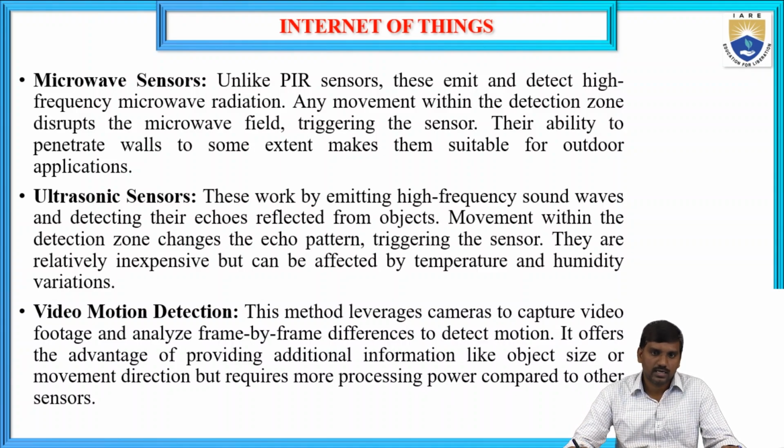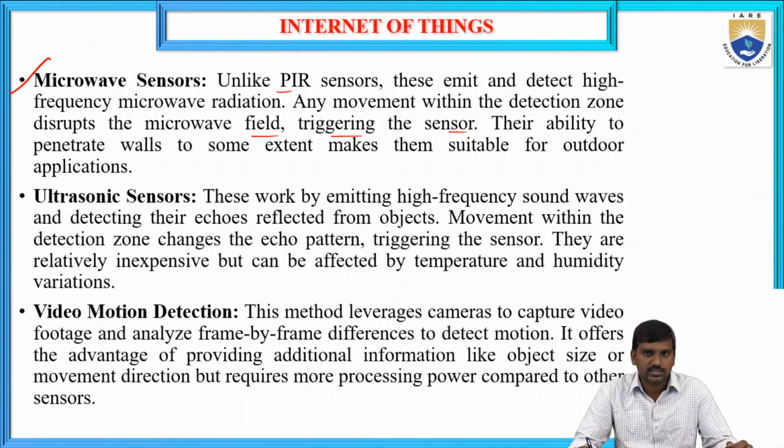Microwave sensors, unlike the PIR sensor, emit and detect high frequency microwave radiation. Any movement within the detection zone disrupts the microwave field, triggering the sensors. Their ability to penetrate walls to some extent makes them suitable for outdoor applications. So this is about microwave sensors.